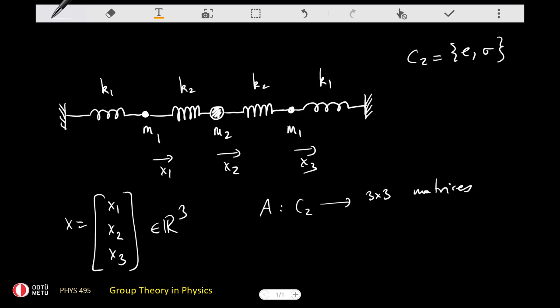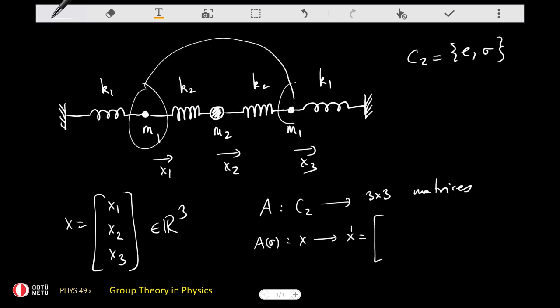A of identity is the identity matrix, so that's the simplest. So I need to find A of sigma. I know that A of sigma changes the x coordinate to x prime, where this mass is moved in here to that location, so therefore its displacement becomes minus x1 along that way.